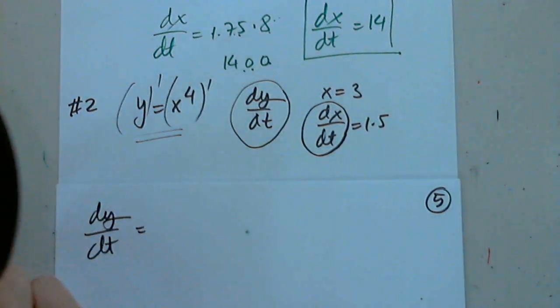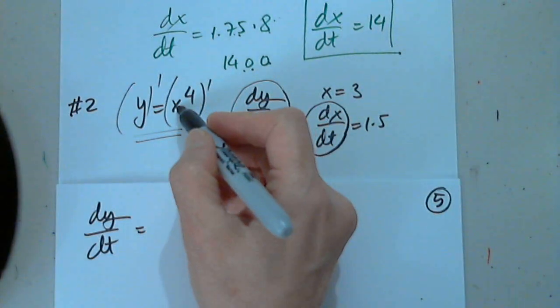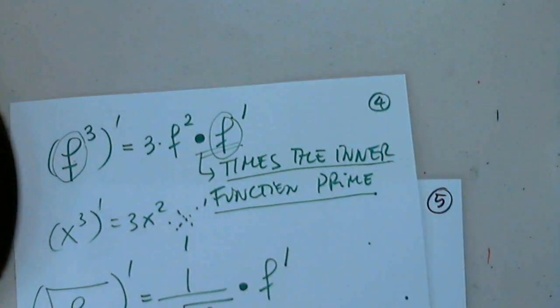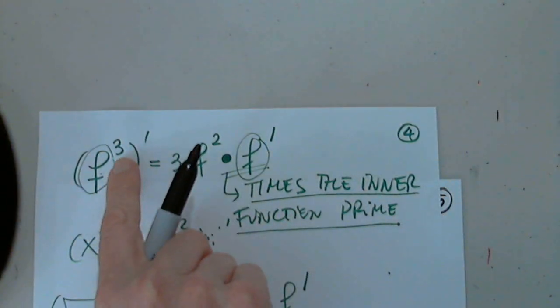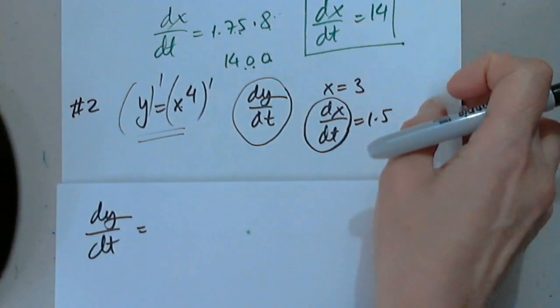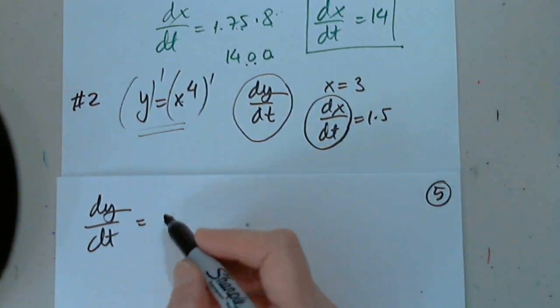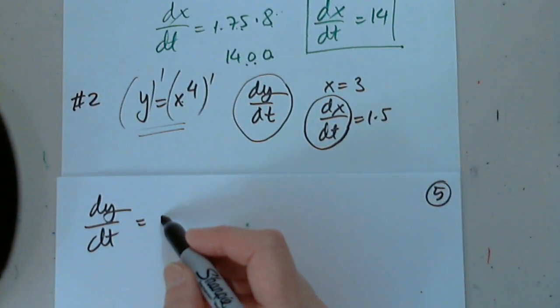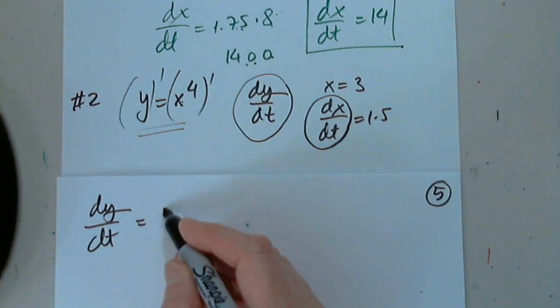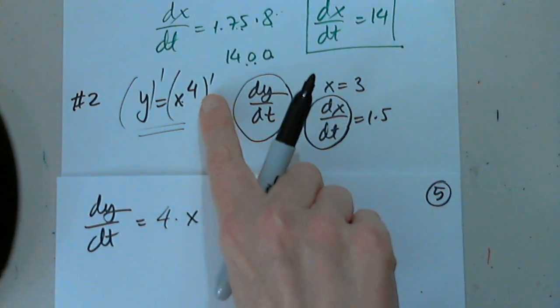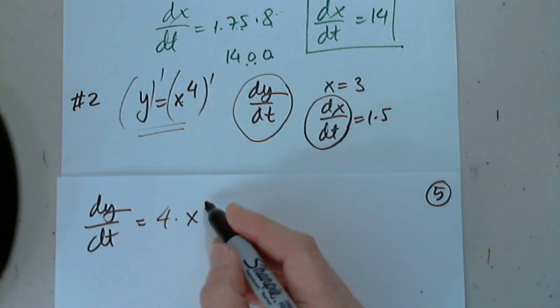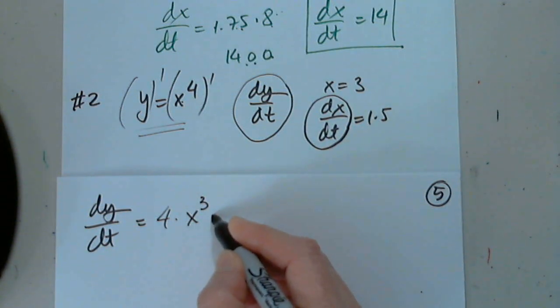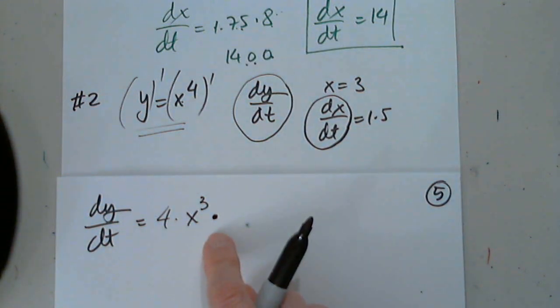Now we are looking at the right-hand side, knowing that this is a function. This is a function to power 4. 4x to the power of 3. Yes, times the inner function prime.